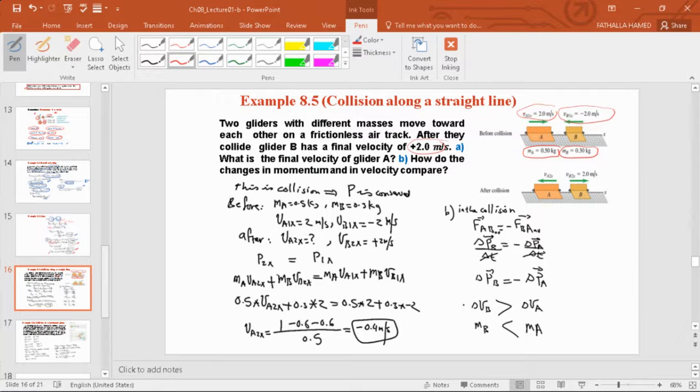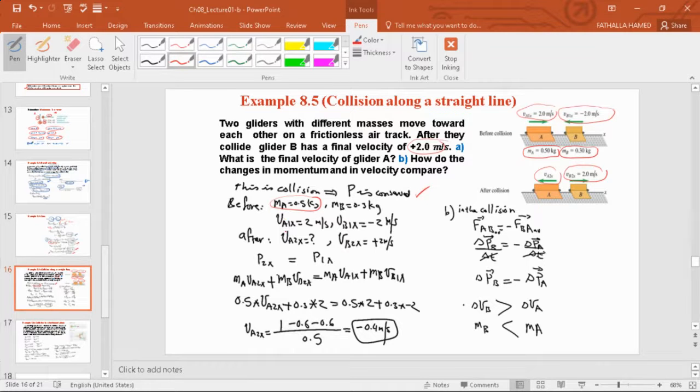After the collision, mass B is moving to the right with 2 meters per second, and we want to find out the velocity of mass A. Now we have no friction here. It's an air track. Action-reaction. External force will equal 0. That means we have a case of conservation of momentum. But we have a system. So when we look at mass A, it's 0.5 kg.